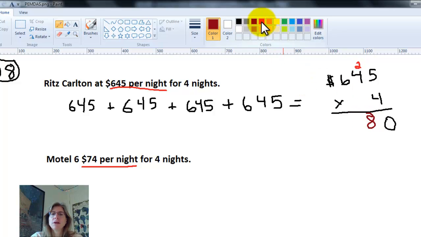And we're going to carry our 1. And then 6 times 4 is 24. Plus 1 is 25. So our total for 4 nights, the Ritz-Carlton, comes to $2,580, which is why nobody I know stays there.